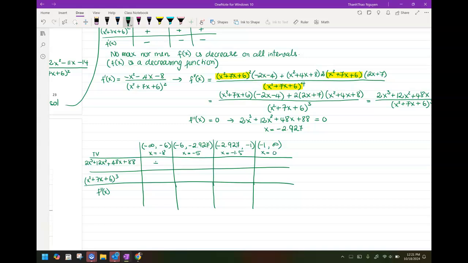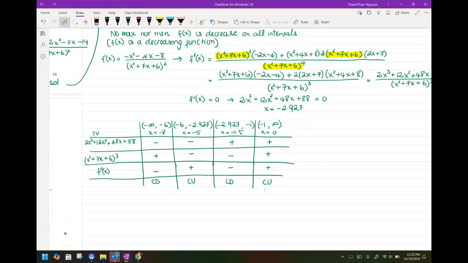So here we have positive, here we get negative, positive. So f double prime of x is negative. So here we have concave down in this interval. We get negative, negative. This makes positive, concave up. Positive, negative, negative, concave down. Positive, positive, positive, concave up.